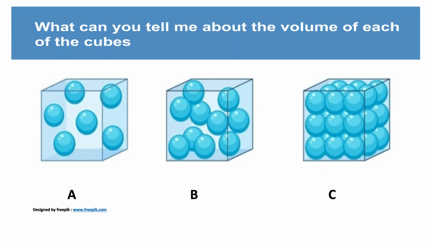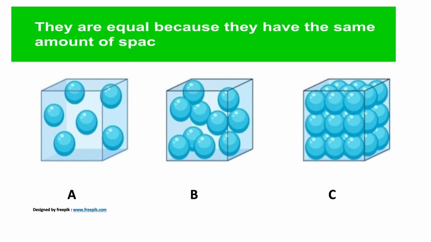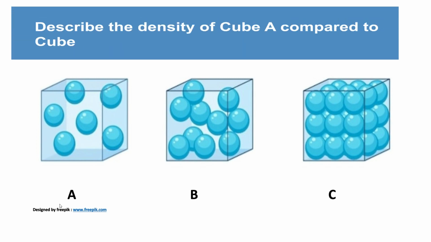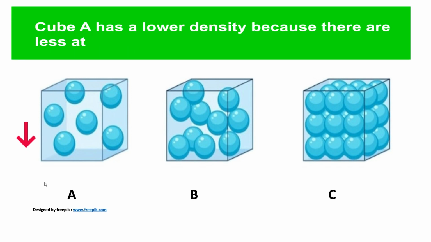What can you tell me about the volume of each of the cubes? They are equal because they have the same amount of space. Describe the density of cube A compared to cube B. Cube A has a lower density because there are fewer atoms.